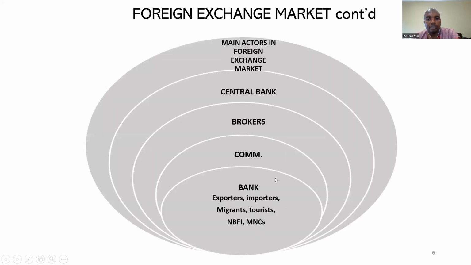So that's the diagrammatic exposition of the main actors in foreign exchange markets: your central bank, your brokers, your commercial banks, exporters, importers, and so on, non-bank financial intermediaries, and MNCs, which are multinational corporations.